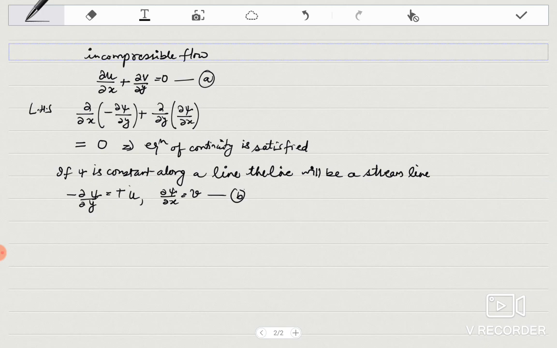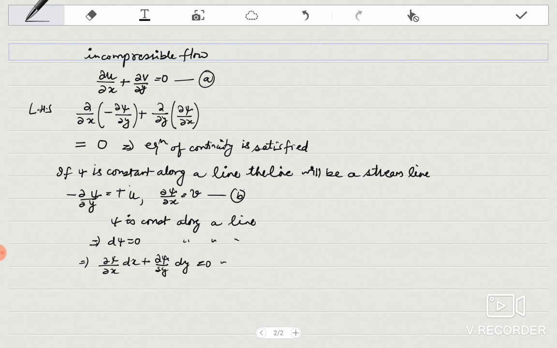First of all, we say that psi is constant along a line. We have to prove that the line is a streamline. This implies d psi is 0 along the line. This implies delta psi delta x dx plus delta psi delta y dy is 0 along the line.